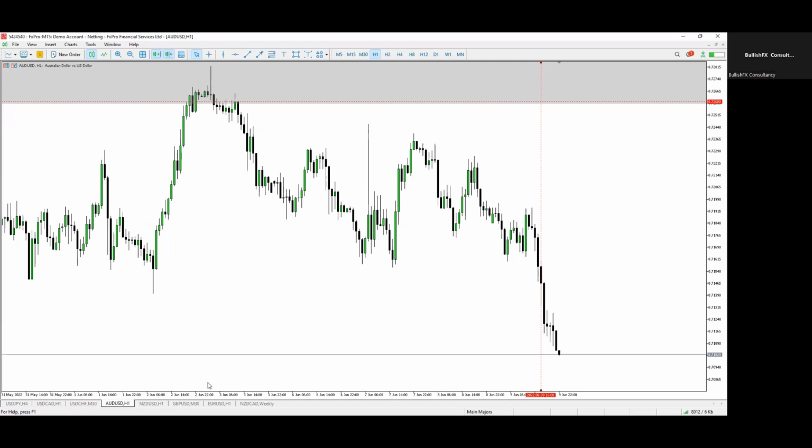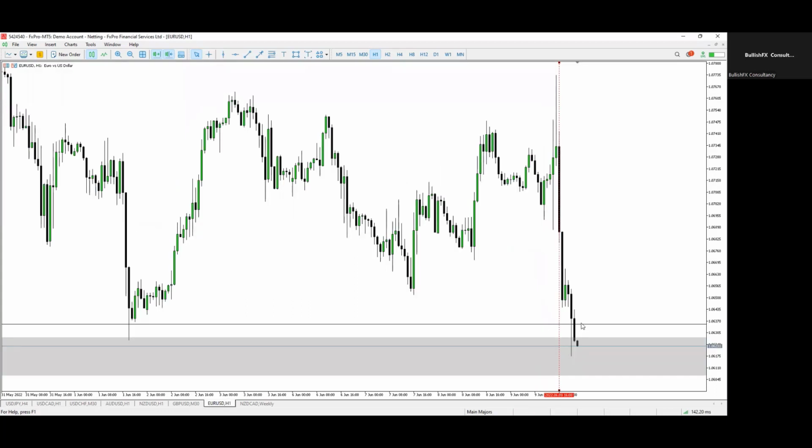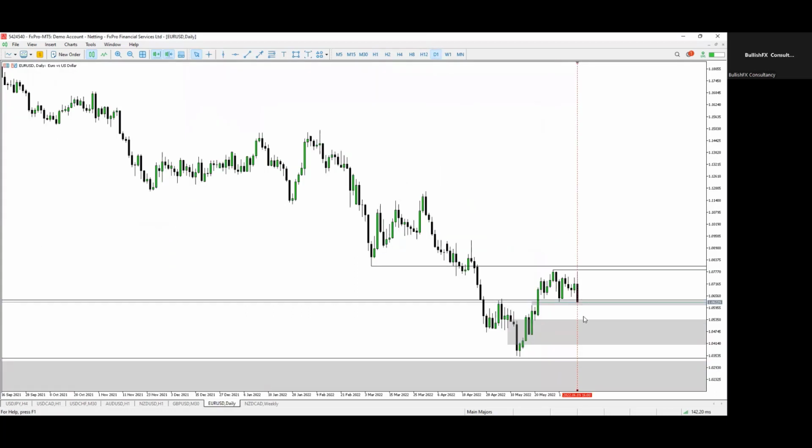But the levels I had already marked on EUR/USD have been reached here. This black line, 1.06387, was the take profit that I gave the guys, not in the signal group, and price actually reached that target.